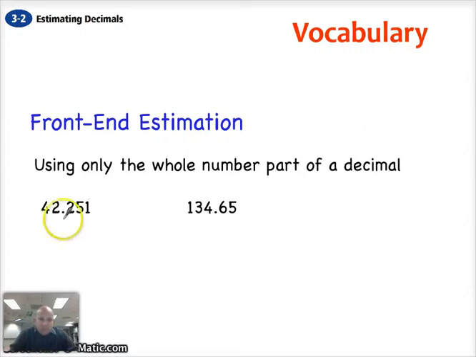So as we look at 42 and 251 thousandths with 134 and 65 hundredths, what we essentially do is take the decimals out of it, and for front-end estimation we use the 42, or we use the 134 in this case. Now in terms of estimating a range, we're going to do some of this front-end estimation, and then we're going to do something also with the decimal portion as well. Stay tuned.